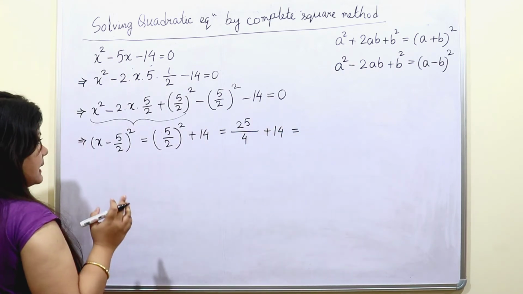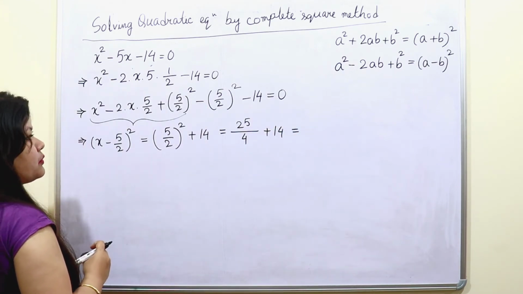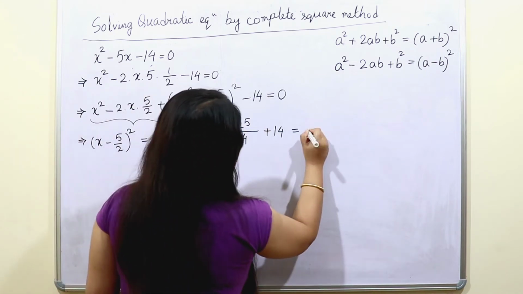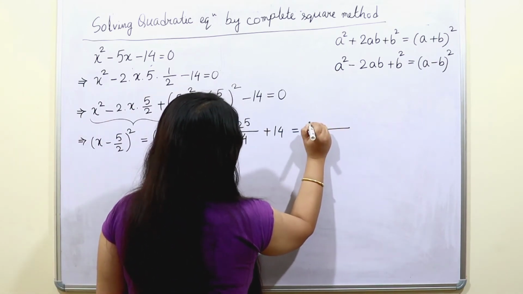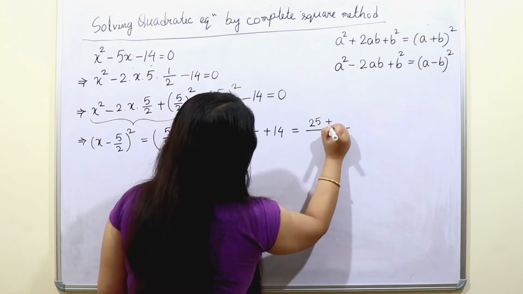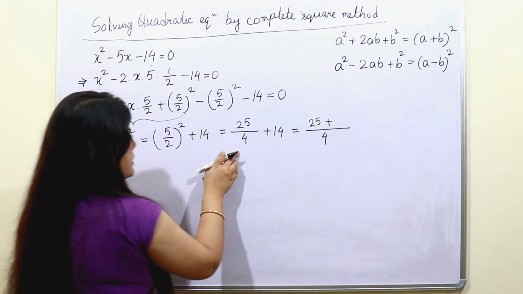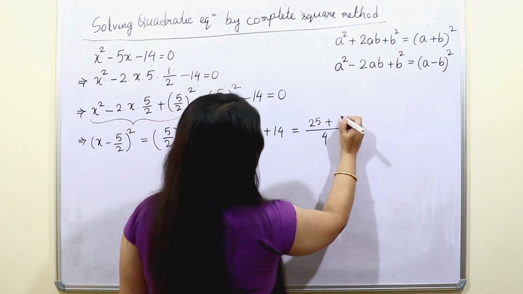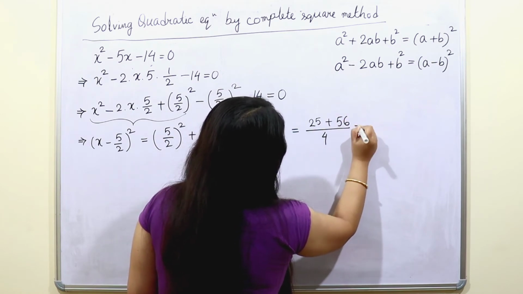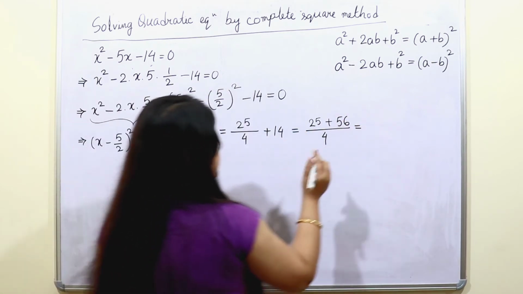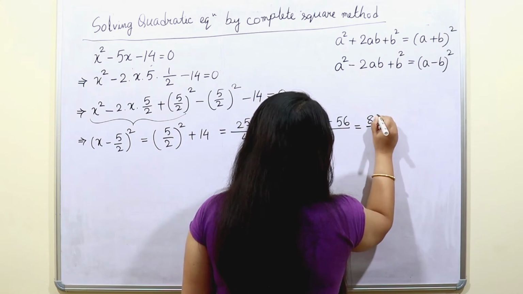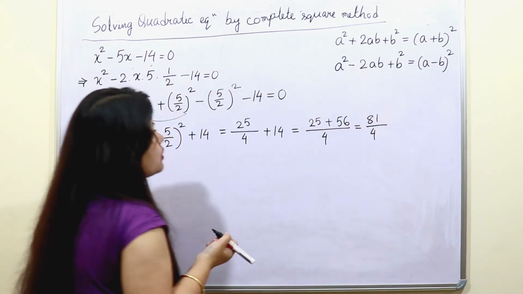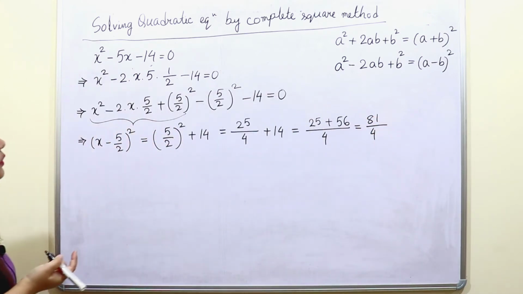Here the LCM will be 4, so let us take the LCM 4. It becomes 25 plus 14 into 4, and the value is 56. Now 25 plus 56 is equal to 81, so we are getting 81 by 4.